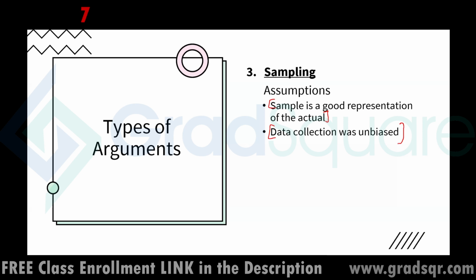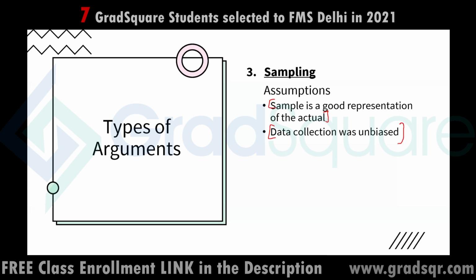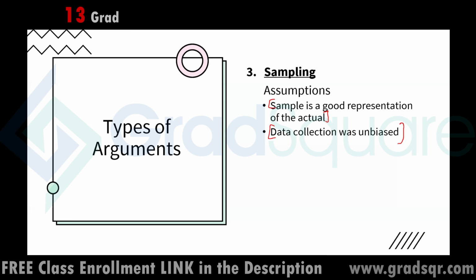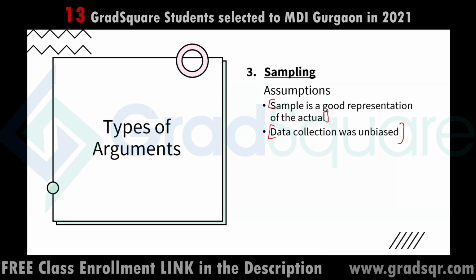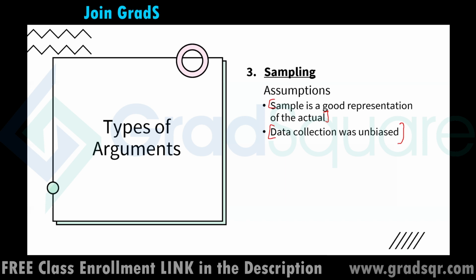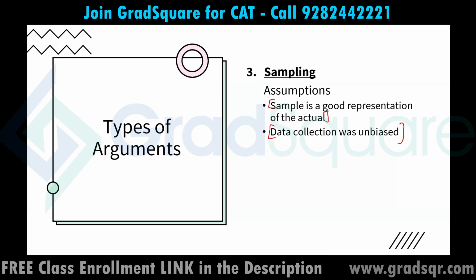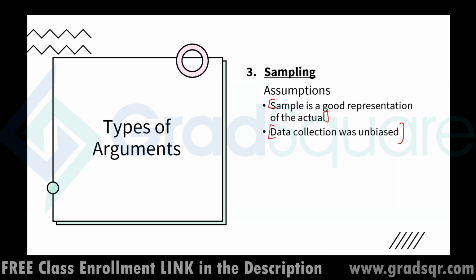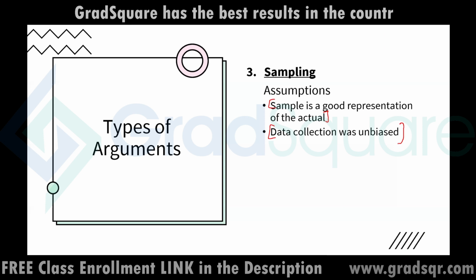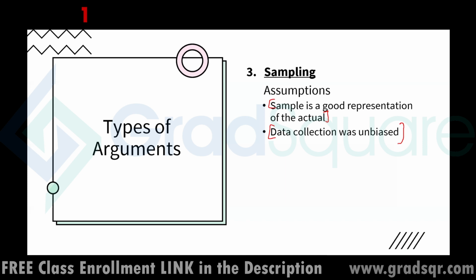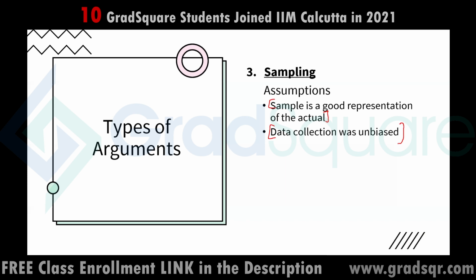If I'm taking the sample from a set of people who are working for the competitor of that particular product, then this sample will be biased towards the opposite end of the product. So the assumption which is also present when coming up with a sampling argument is that the sample which has been selected is a very unbiased kind of sample and will give you proper, unbiased feedback about the product. Right? So this is an example of a sampling kind of argument.